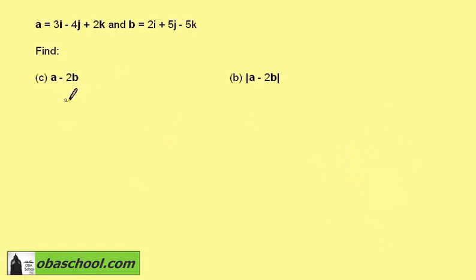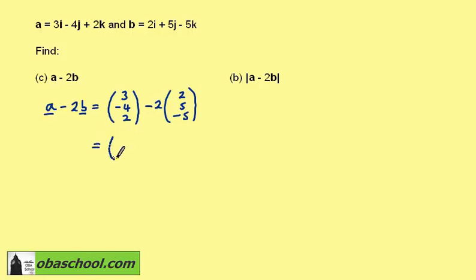We now want to find A minus 2B. A is the vector (3, -4, 2). Take away 2 times (2, 5, -5). So we just have A, (3, -4, 2), and then multiply the B by the minus 2.